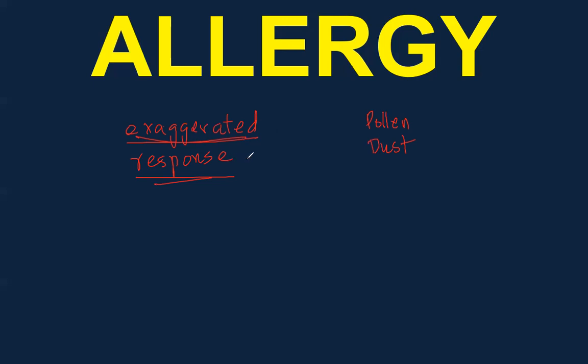So this is called allergy. How do you control allergy? In Kuwait, we consume things like cetirizine. You might have heard about cetirizine, right? During allergic reactions, what exactly happens? We have white blood cells known as mast cells.